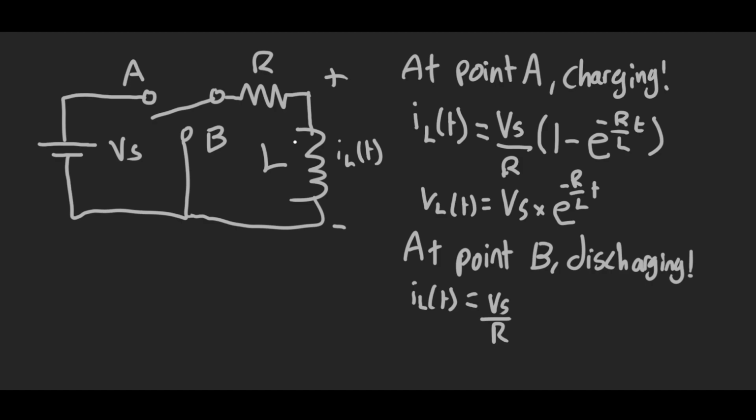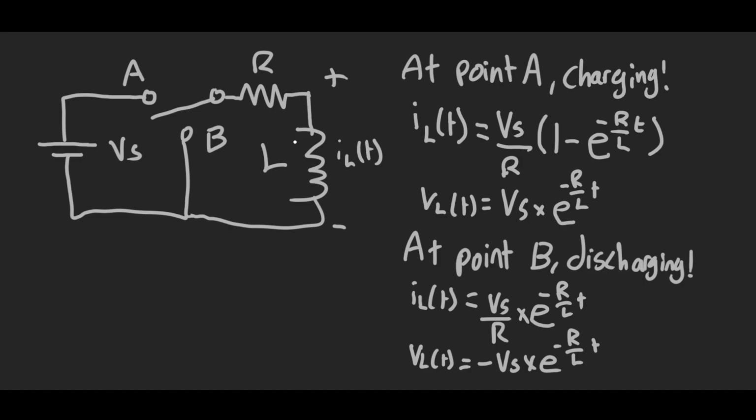This time just multiplied by the exponential, e to the power of minus R over L times t, just like that. And for the voltage, it's just a case of VL of t, this time equals minus Vs, that's important, multiplied by e to the minus R over L times t.